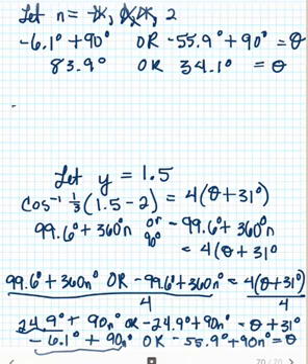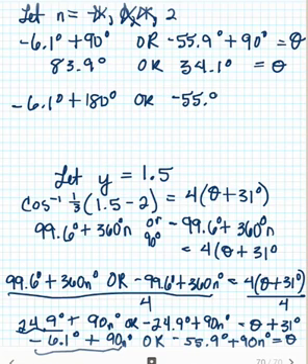So I'll get negative 6.1 degrees plus 180 degrees, or I'll get negative 55.9 degrees plus 180 degrees equals theta.